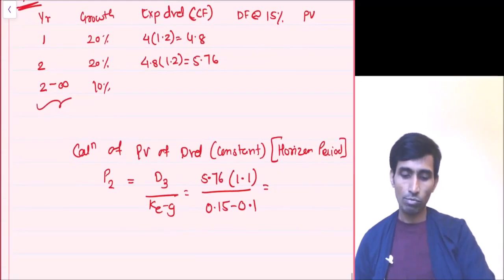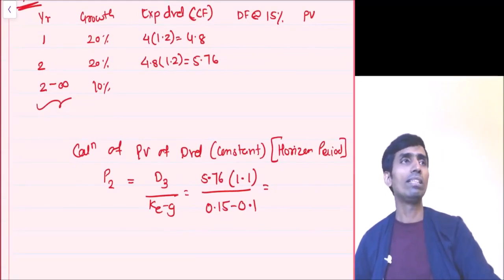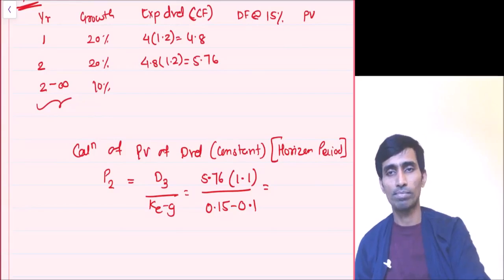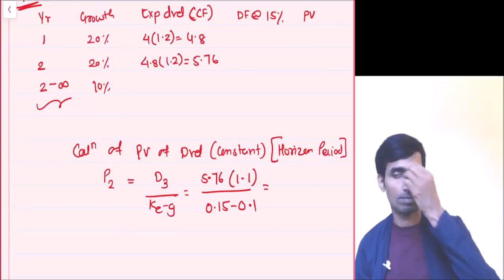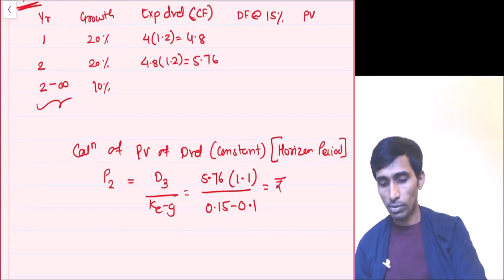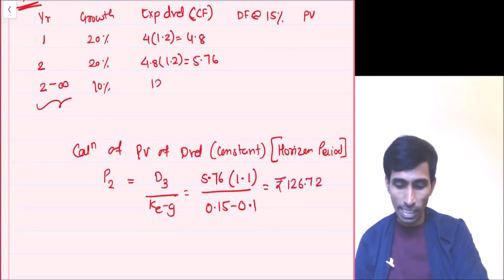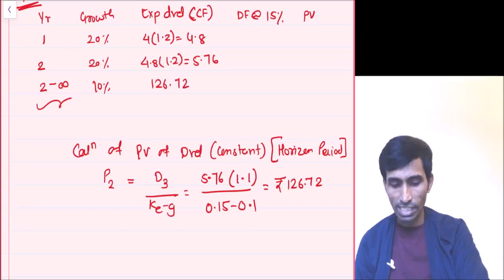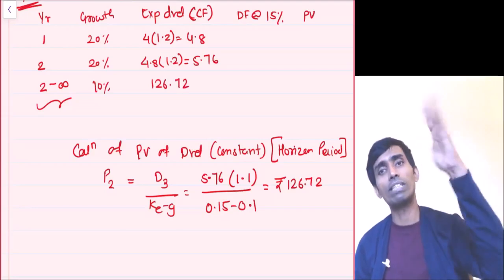The answer is 126.72. This is the accumulated value of all the dividends from 2 years to infinity.